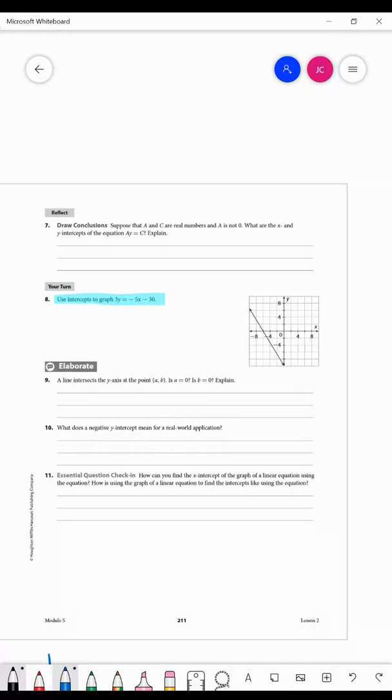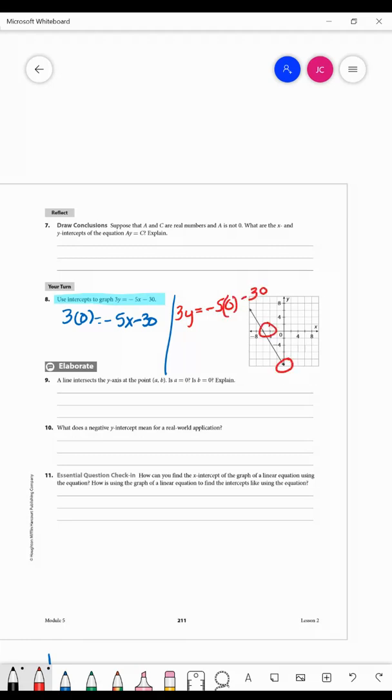Okay, so one more example, and we are going to find the x and y intercepts. So all you have to do is, again, replace 0 for y and solve for x, and replace 0 for x and solve for y. Now I'll give you a hint.